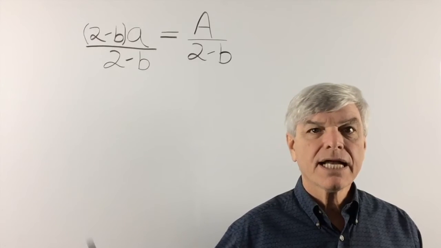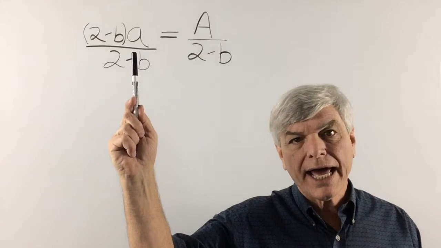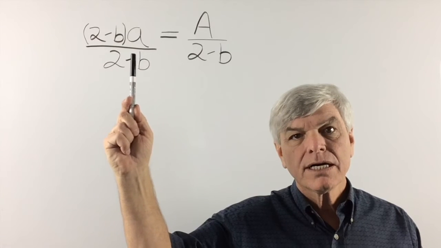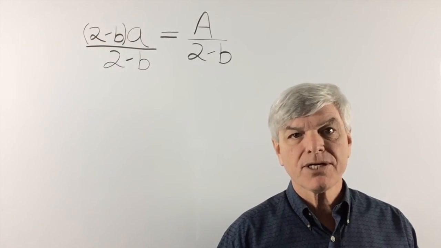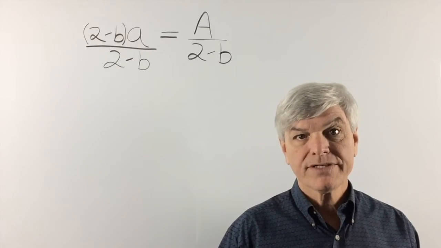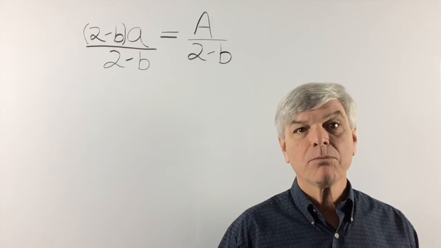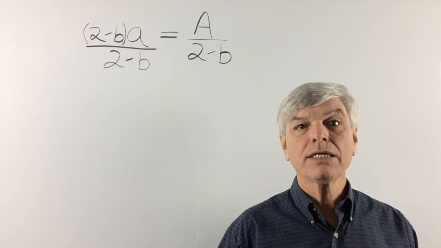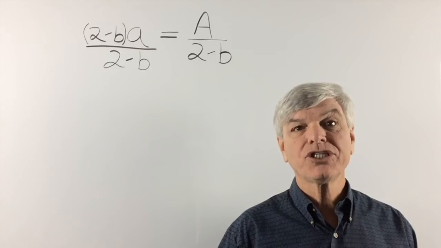So to get a common denominator on the left-hand side, we're going to multiply a times 2 minus b over 2 minus b. What's 2 minus b over 2 minus b? That's right, it's 1. And we've discussed that before. Anything over itself equals 1. And we can multiply any number by 1, or we can divide any number by 1, and it won't change it.